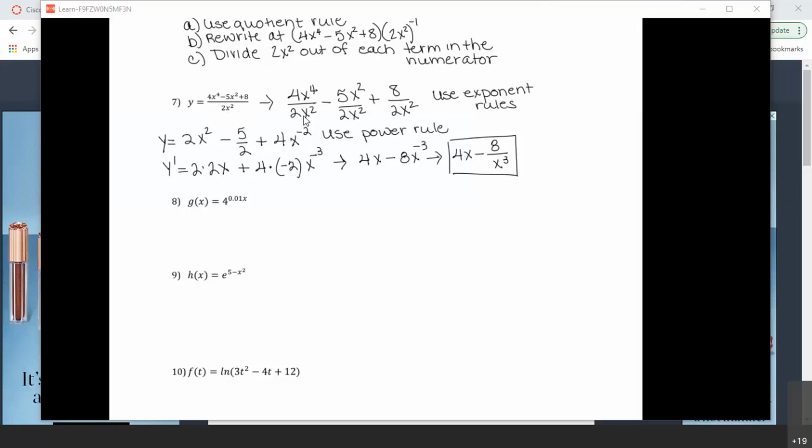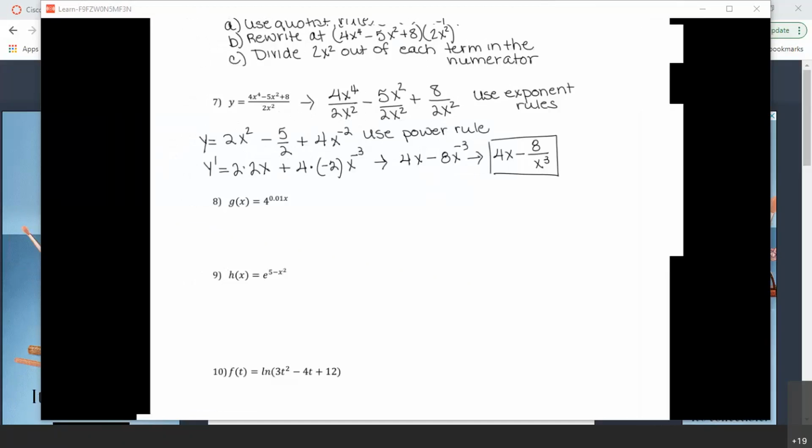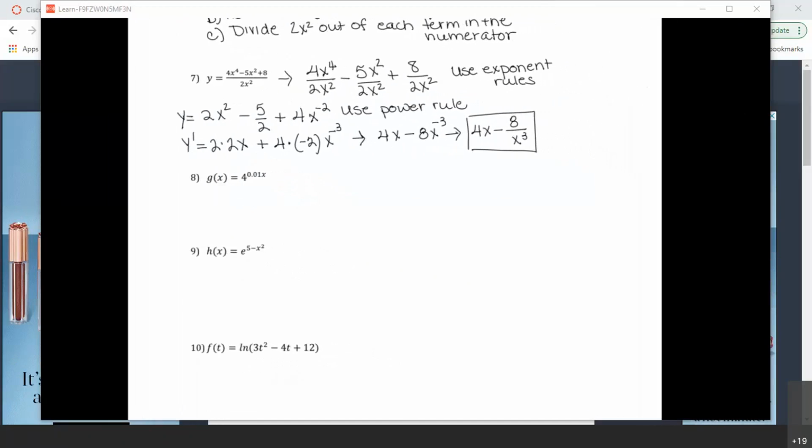So I can separate the numerator and divide each term by the denominator. If I had a different type of function in the numerator, I'd be stuck using the quotient rule or rewriting as a product. It only happens to work in this situation. So let's take a look at other types of functions.